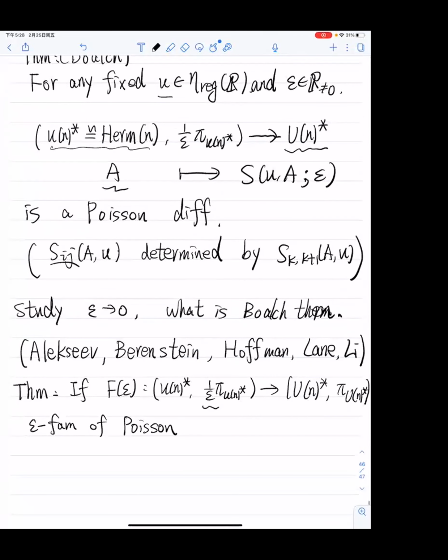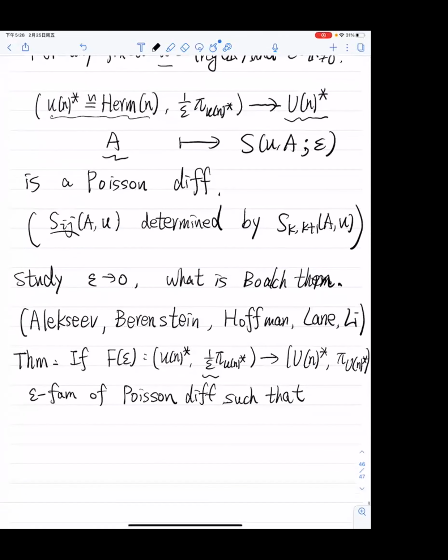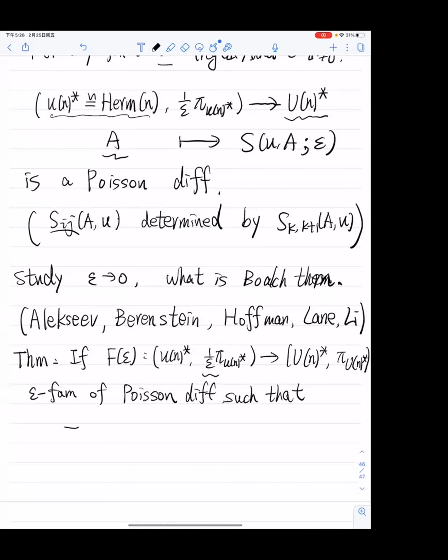Then they studied the epsilon limit. Furthermore, if you have an epsilon family of Poisson diffeomorphisms such that the following limit exists, this is exactly the leading asymptotics of your diffeomorphism.